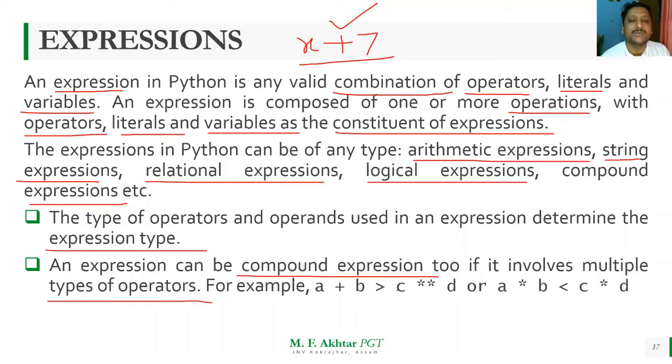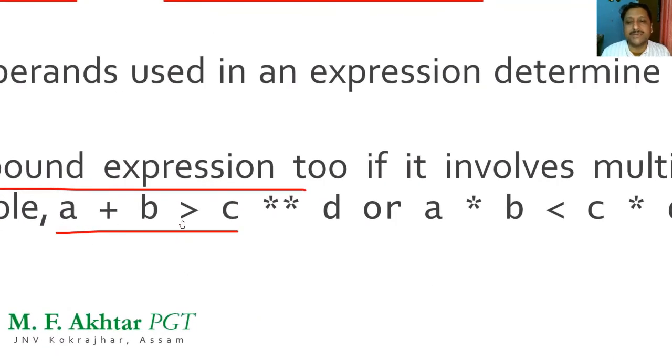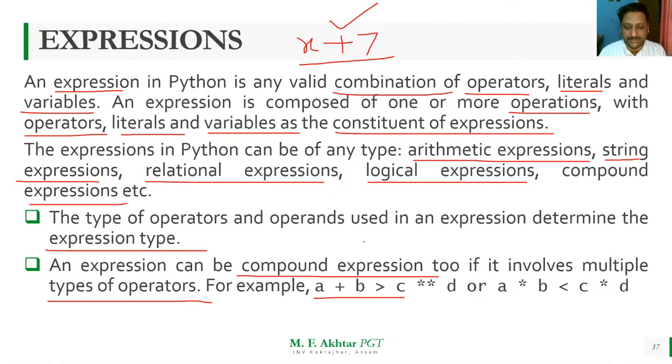We can use the greater than symbol with the plus symbol, so an arithmetic operator is there and also a relational operator is there. This type of expression is known as a compound expression. Examples: a plus b greater than c power d, or a into b less than b c into d. These are compound expressions.